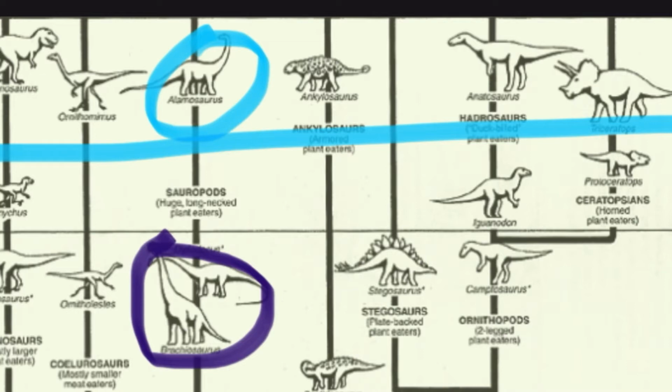So the sauropods died out in the Triassic. Nope, not the Triassic. The Cretaceous period, but not completely, because Allosaurus was still alive.